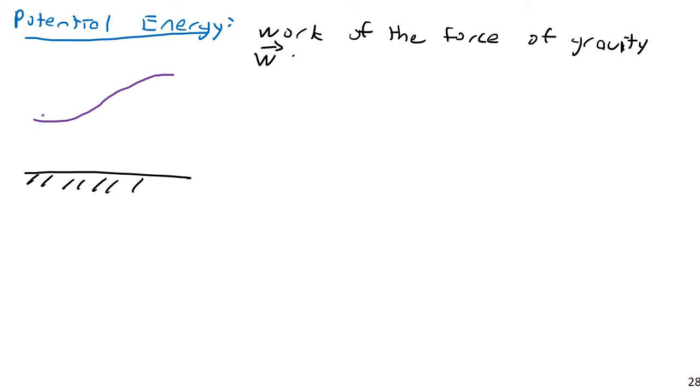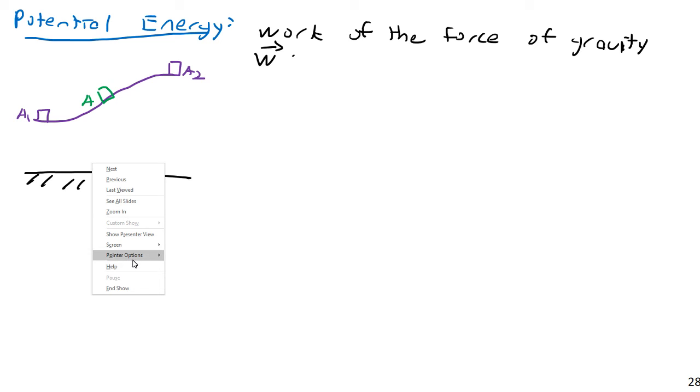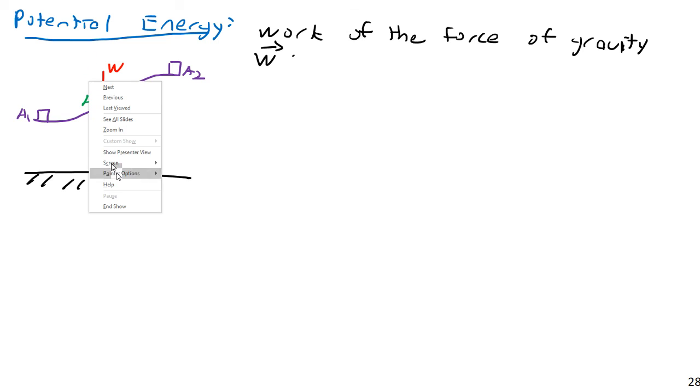So it starts out maybe at A1 here, goes up to A2, and then in the middle somewhere at any given location A, there is going to be the force W, the weight of the object itself, acting on it. And then some dimensions here. Let me put some dim lines on this. I would have Y1, I would have my generic Y, just at a particular A, and then I would have Y2.